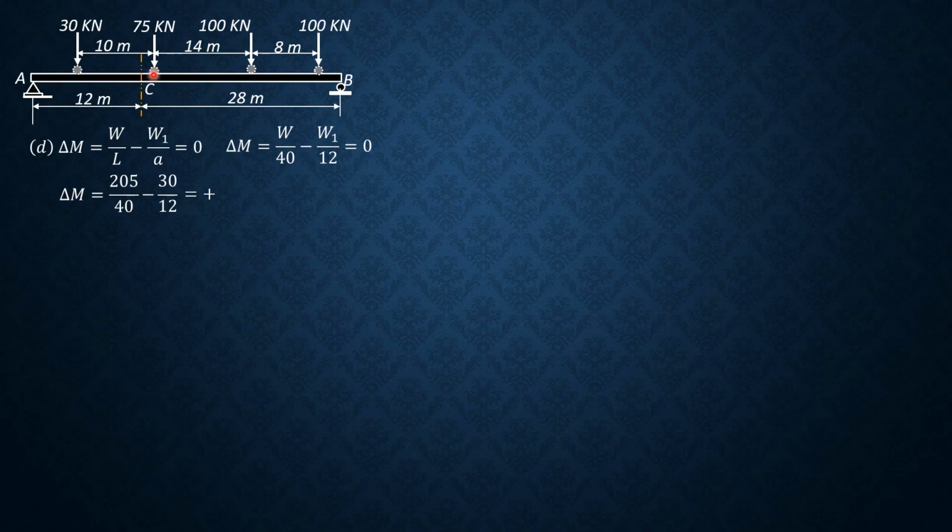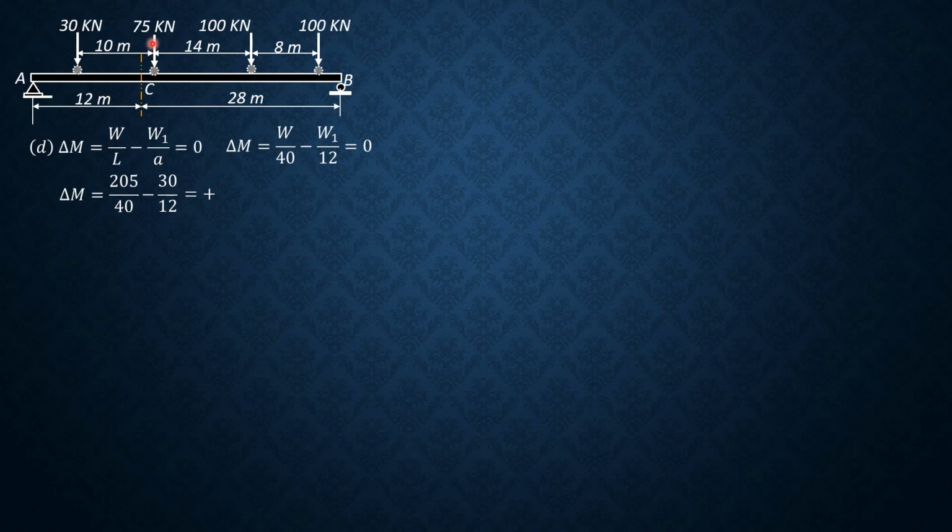When the 75 kilonewton load is over C, just to the right, the same value, the sign would still be positive, and W this time would be plus 100, so that would be 305 over 40 minus 30 over 12, so that's still positive.